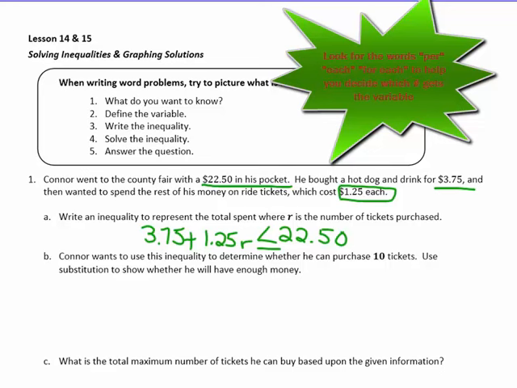Now what do they want us to do with it? Connor wants to use this inequality to determine whether he can purchase 10 tickets. Use substitution, so it's almost like we're doing a check, to show whether he will have enough money. So I'm going to put 10 in for R. So that's going to be $3.75 plus 1.25 times 10 less than or equal to $22.50.